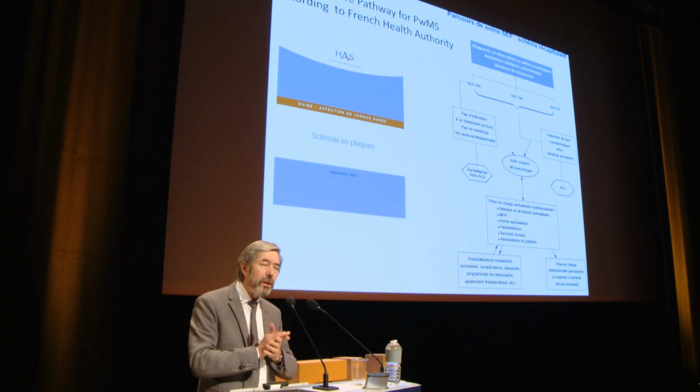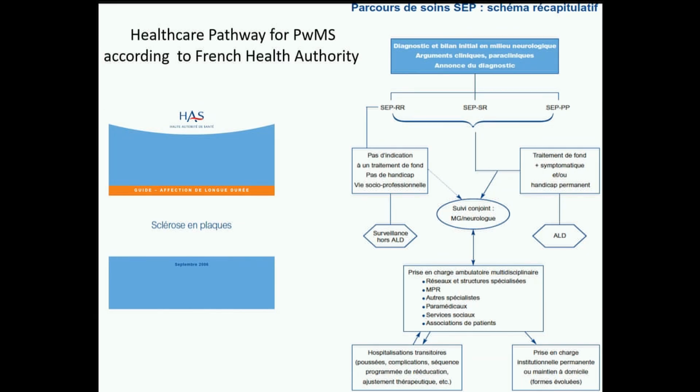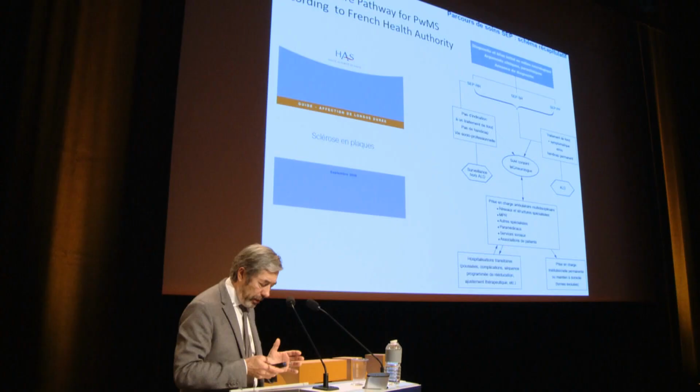And in 2006, for the first time, the possibility of reimbursement of all the health costs was decided by the health authority, which is a special way to evaluate which patients will be reimbursed totally for the health cost and partially for the social cost of the disease in their environment.